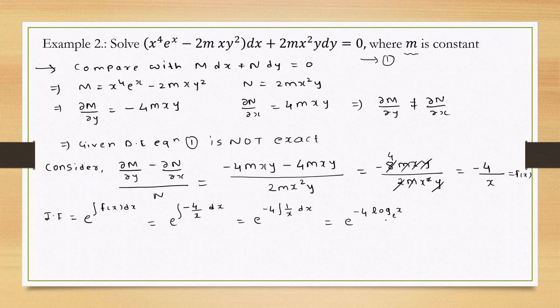Now we can take this minus 4 to the power, because we have a formula, right? A log b is the same as log b raised to a. So we can take this as e raised to log e x raised to minus 4, and this e, that means it is x raised to minus 4. So this implies the integrating factor is 1 upon x raised to 4.